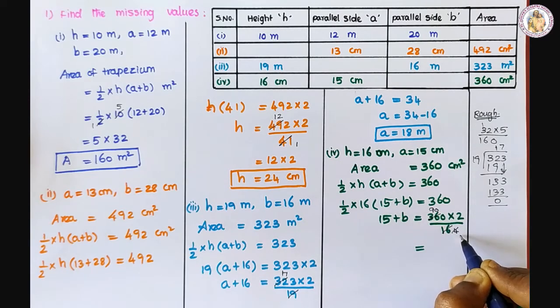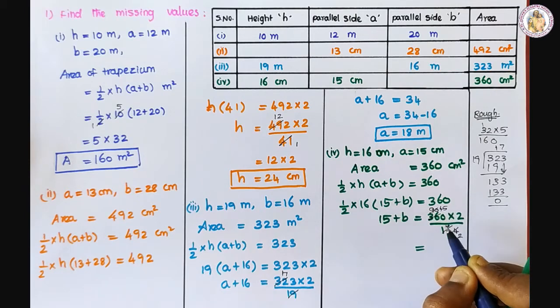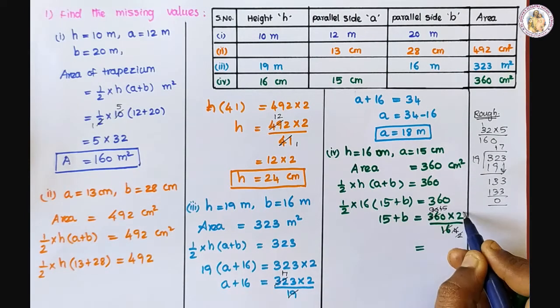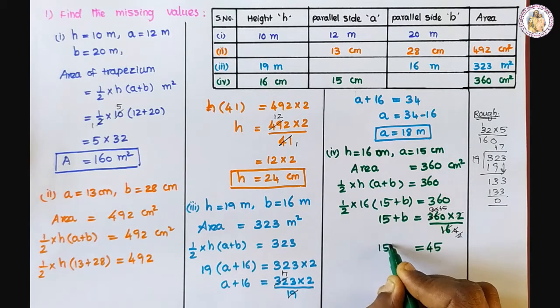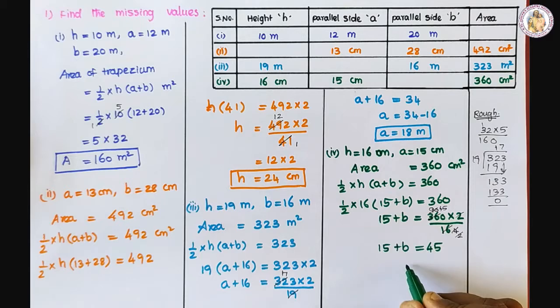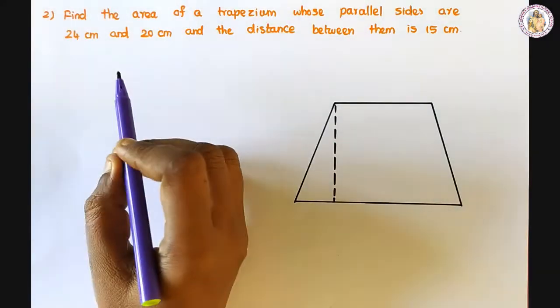Again 2 tables: 2 2s are 4, 45 2s are 90, again 2 2 cancelled. So 15 plus b equals 45. 15 is in addition, it becomes subtraction. So b equals 45 minus 15, 30 centimeter, that is the parallel side b.